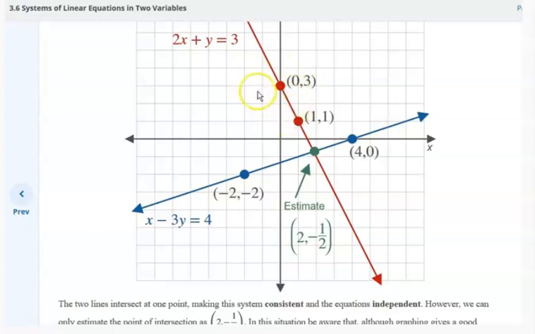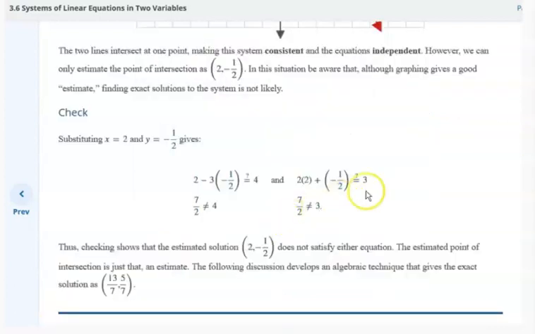So there are algebraic ways to solve these equations, and that's what we'll be moving into. Now, the actual solution is this ordered pair down here. That would be almost impossible to pick out from a graph.